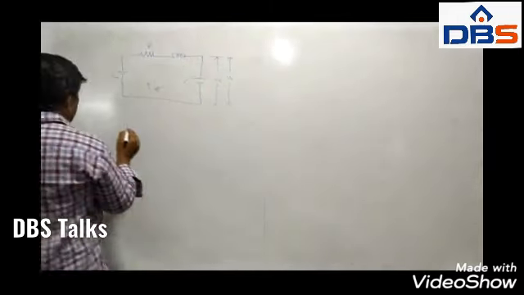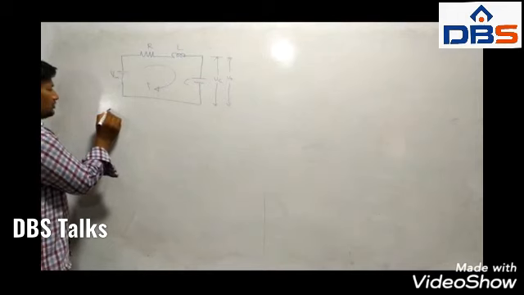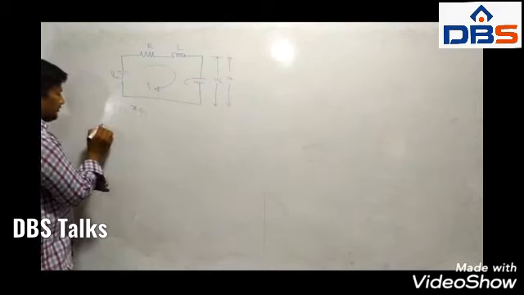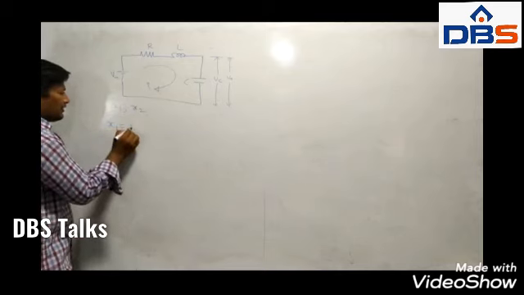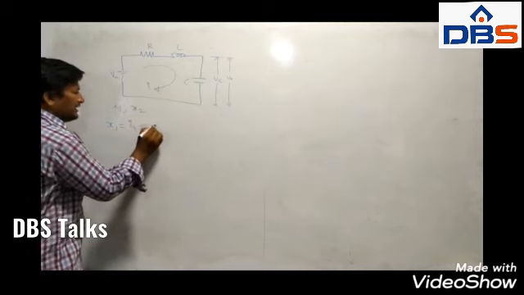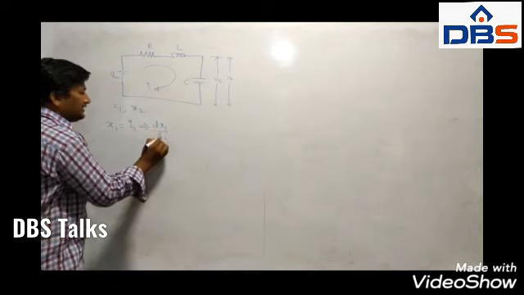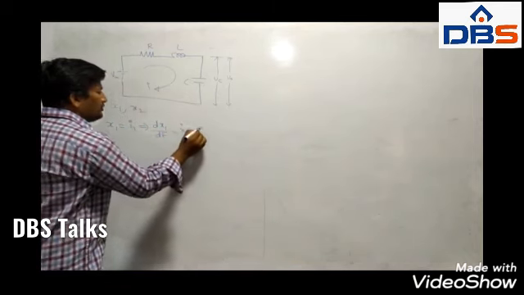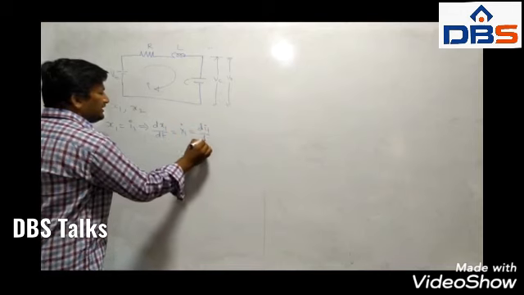So the state variables are x1, x2. Therefore x1 equals i, that implies dx1 by dt, that is x1 dot, equals di by dt.